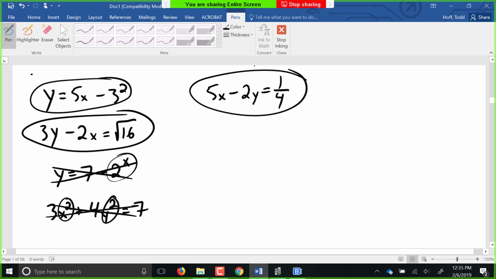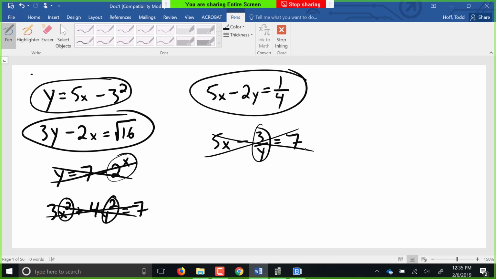That one's just fine. Will that one form a line on the graph? No, why not? Yeah, we're dividing by a variable, or there's a variable in the denominator of a fraction.